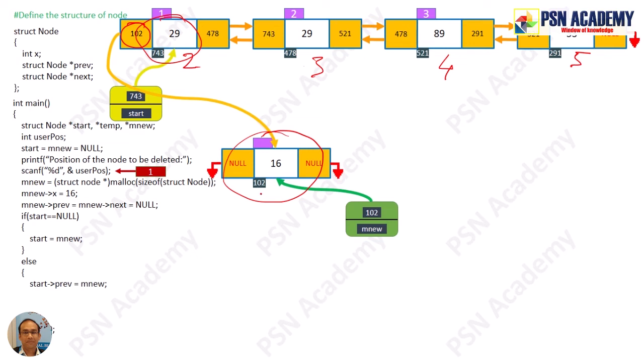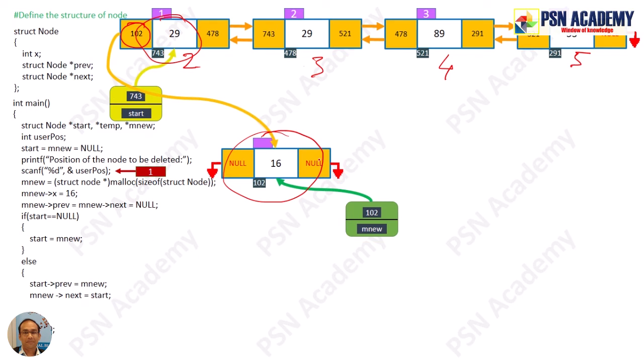Clear? Now, since this is a doubly linked list, this node at 102 will also point to the node at 743, right? So you write mnew next equal to start.